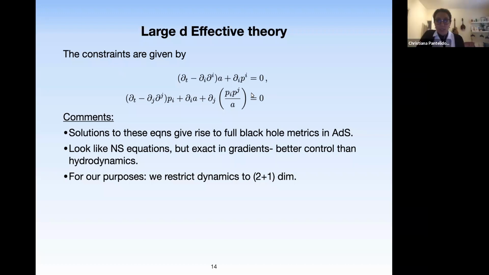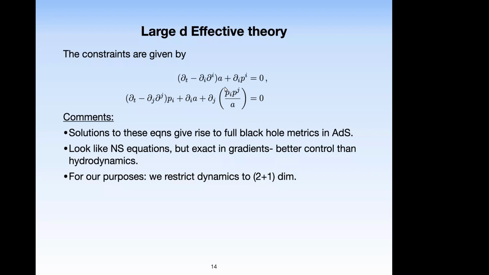Essentially, by taking the large D limit, we land onto something that is non-relativistic, and this is precisely why we have one derivative in time and two derivatives in space. This is non-relativistic.